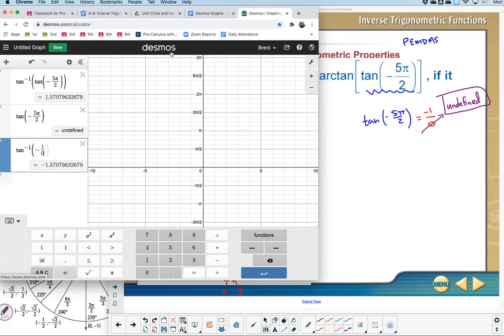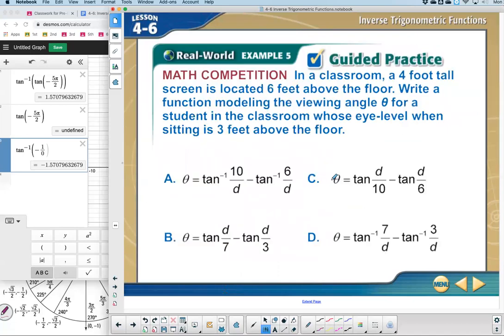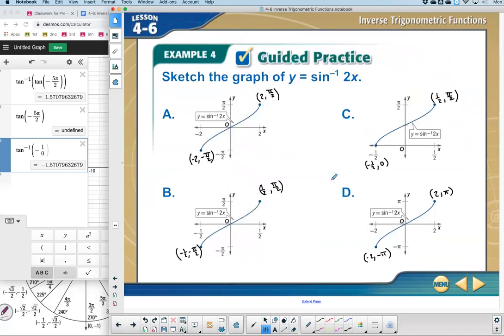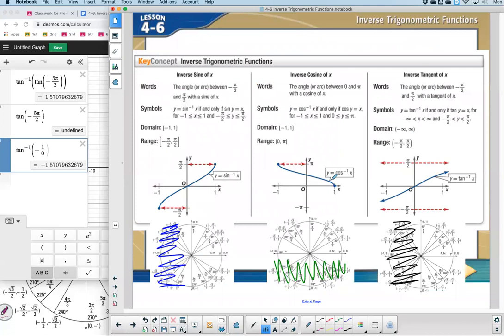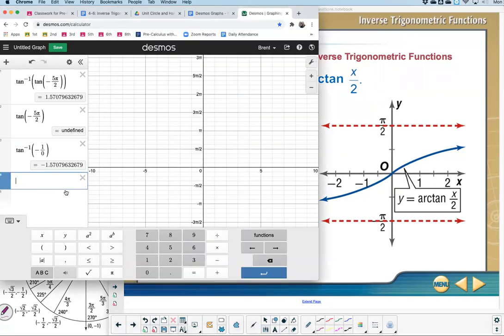Let's go to the tangent inverse graph. Where was that picture? Way back. Tangent inverse. Oh, wait, that's not the graph here. Sorry.